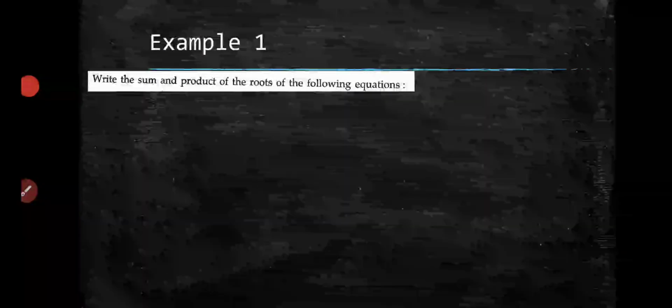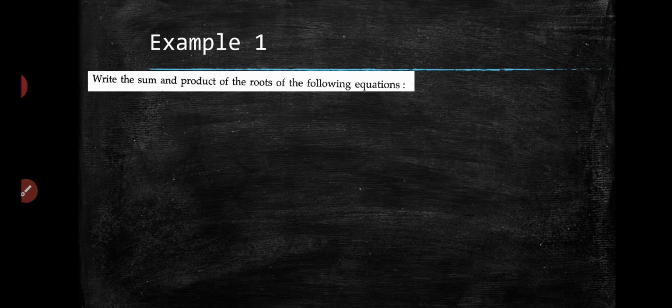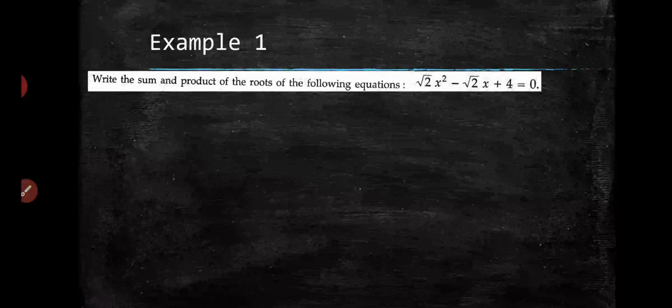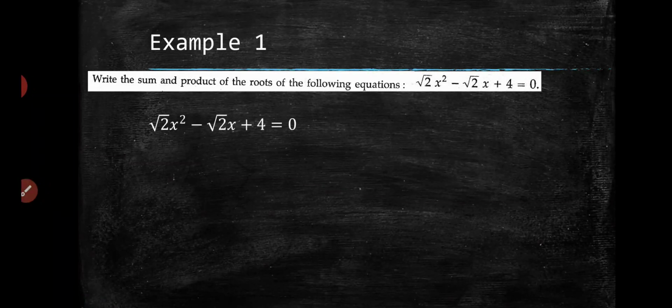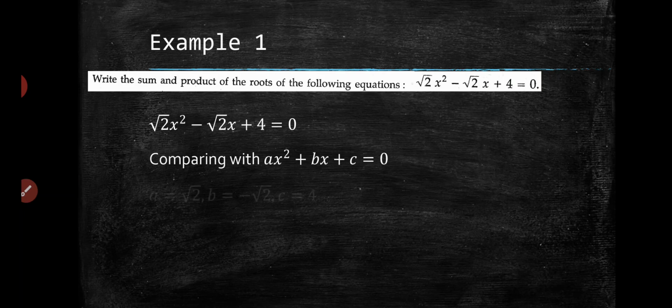Now let us take the first problem. The first problem is: write the sum and product of the roots of the following equation, and this is our equation: √2x² − √2x + 4 = 0. So now if this is the equation given, let us compare with ax² + bx + c = 0 and write the values of a, b and c.